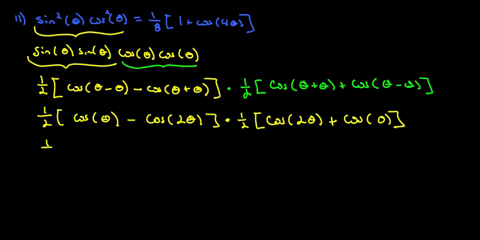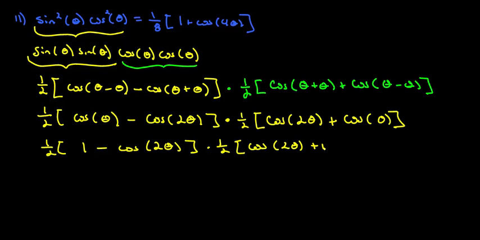Okay, so this is 1/2 times 1 minus the cosine of 2 theta, times 1/2 times the cosine of 2 theta plus 1. So now what we'll do is we'll multiply. 1/2 times 1/2 is a fourth.